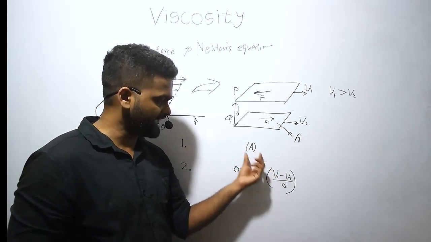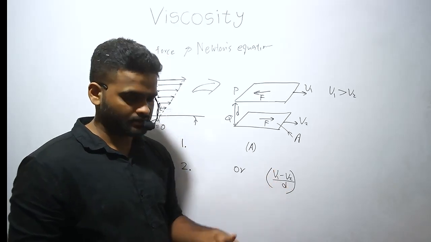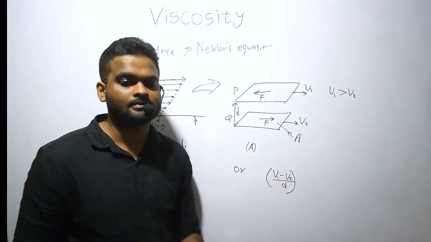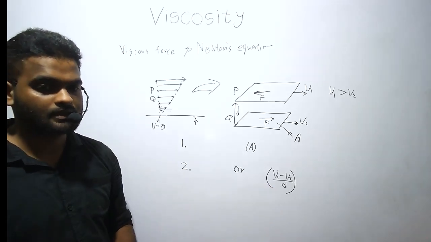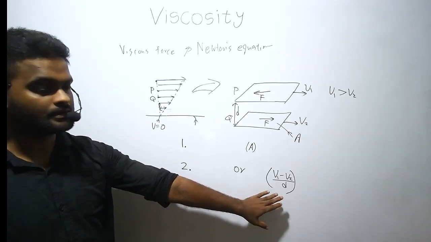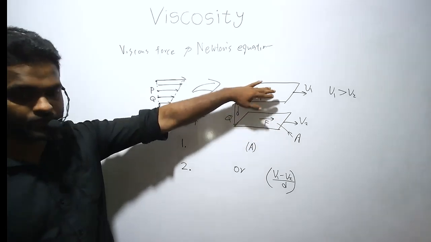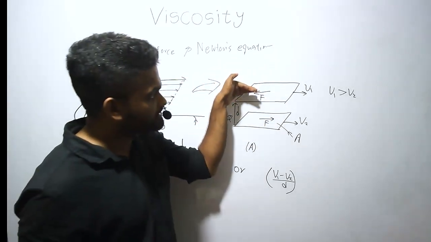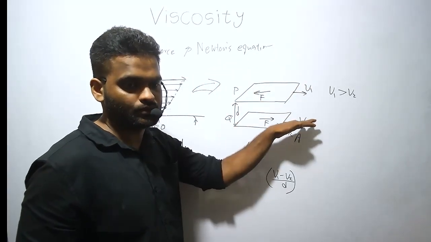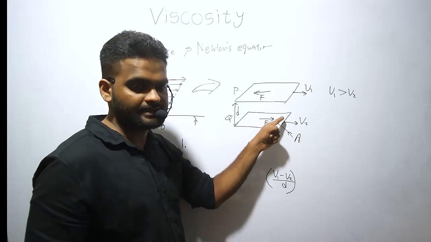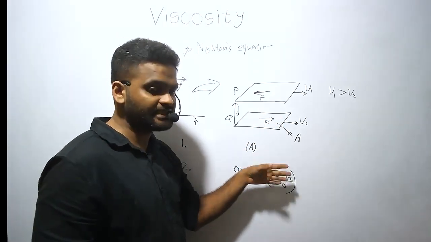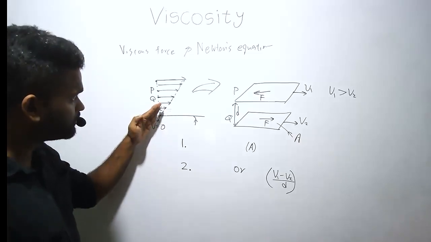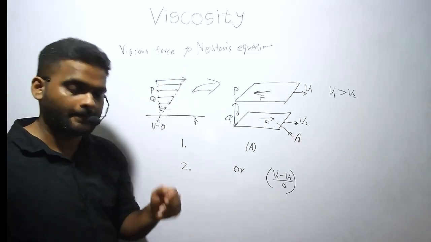So these are the A and this one. Take it down. If you think about this one, this is V1, V2, and the gap between them is D. When you divide it by the gap, we call that velocity gradient. Actually, this has a constant velocity gradient.